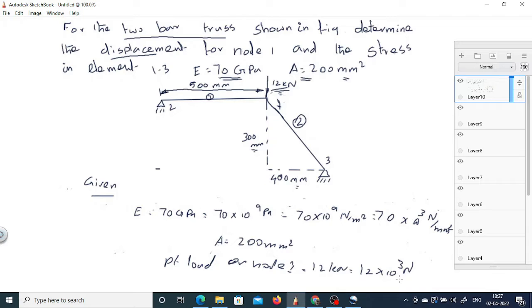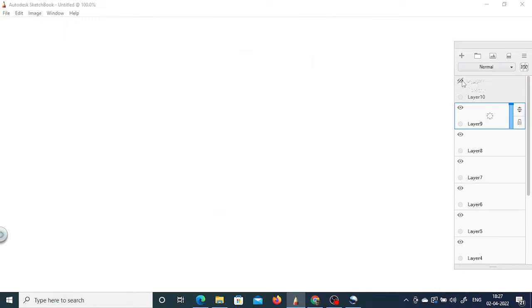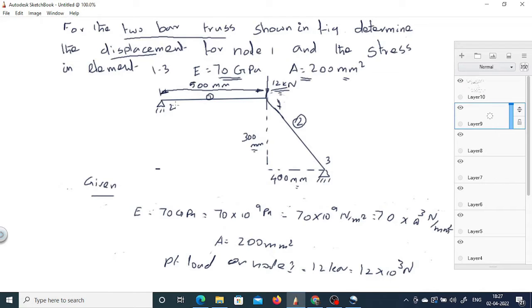How do I solve the problem? Let's see what formulas we utilize to solve this problem. From the diagram, node 1 and node 2 have a distance of 500 mm, and node 1 and node 3 have a vertical distance of 300 mm and a horizontal distance of 400 mm.